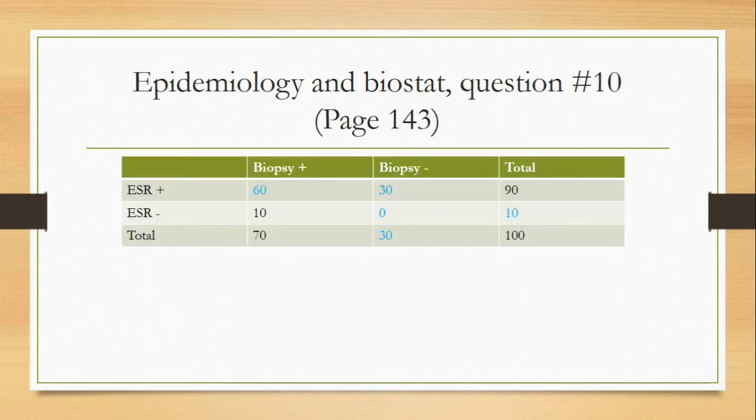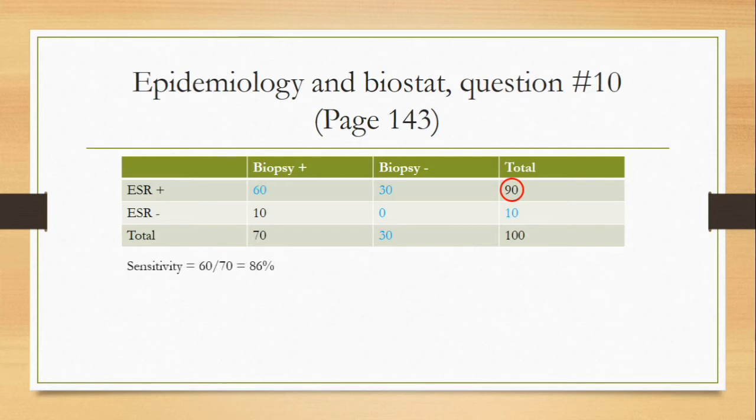If you draw the 2 by 2 table from the question, you have here the number 90, which is the total amount of patients that tested positive for the ESR test. And in that particular case, you would have 0 as the true negative test.